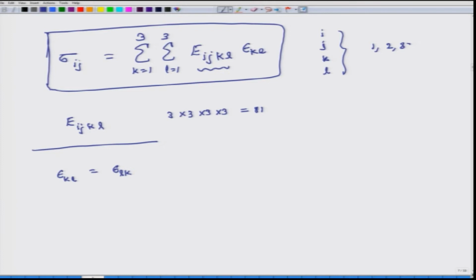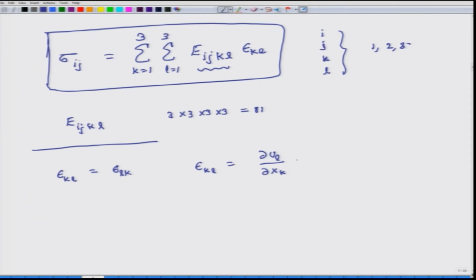The definition of the strain tensor is epsilon_KL equals 1 by 2 times the quantity partial derivative of u_L with respect to x_k, plus partial derivative of u_k with respect to x_L. Here x_1 would be x, x_2 will be y, x_3 will be z, and so on.